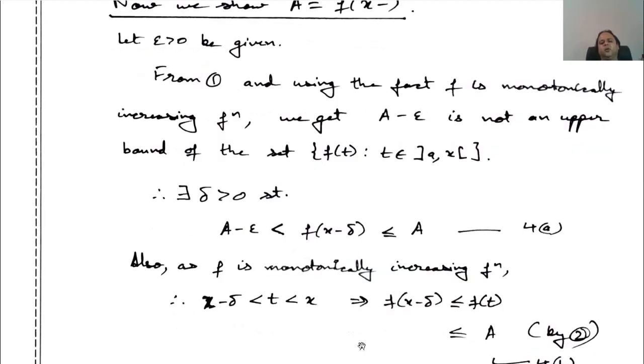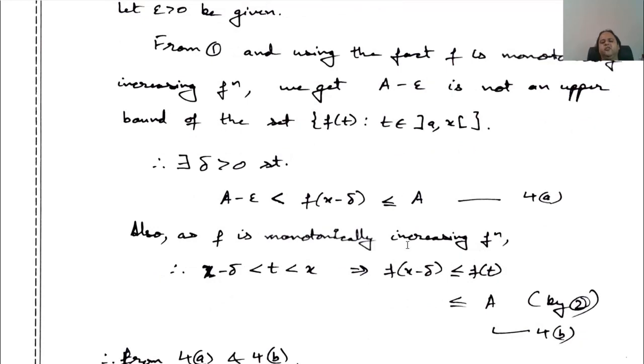Because it's a monotonically increasing function, if we take x minus delta on that side, f of x minus delta will be less than or equal to f(t) if this condition is satisfied, and therefore this is less than or equal to the supremum of all f(t) over the interval.